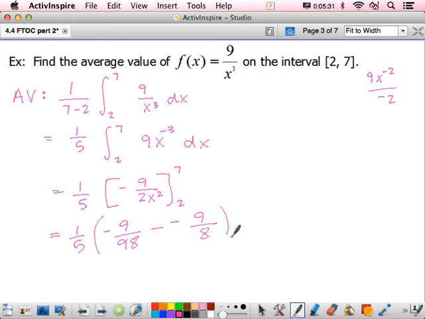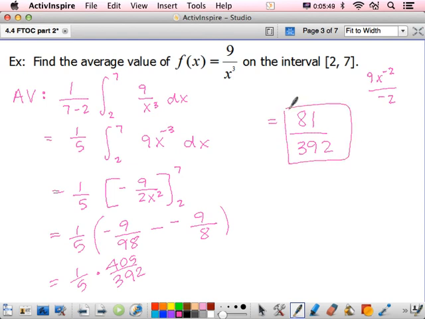So that comes up to 1/5 times 405 over 392. So this whole parentheses here goes to that. And then it'll simplify to what? 81 over 392.